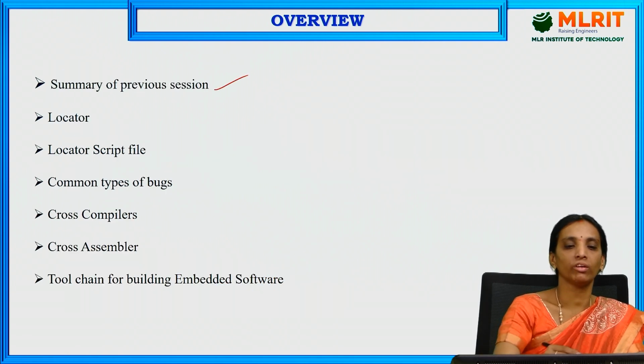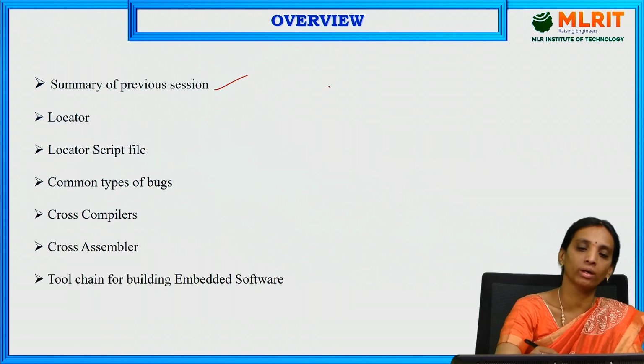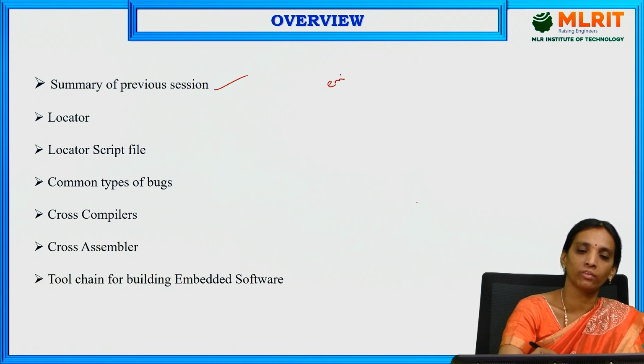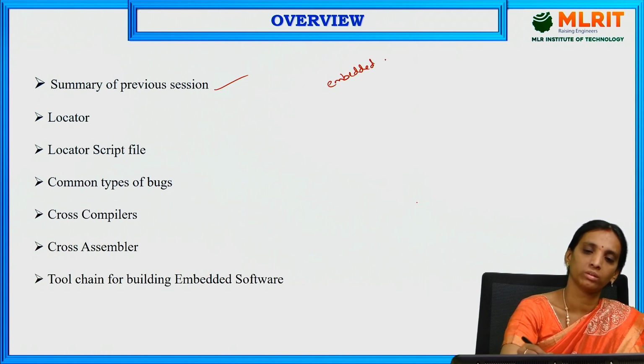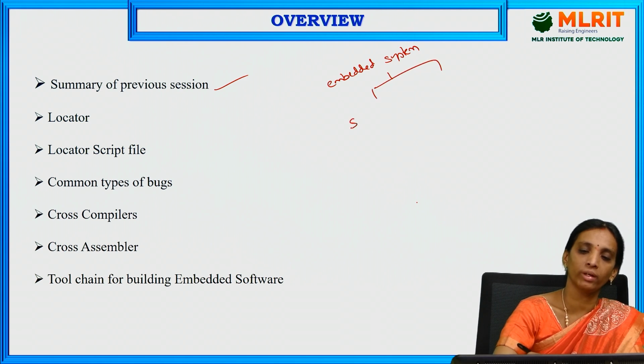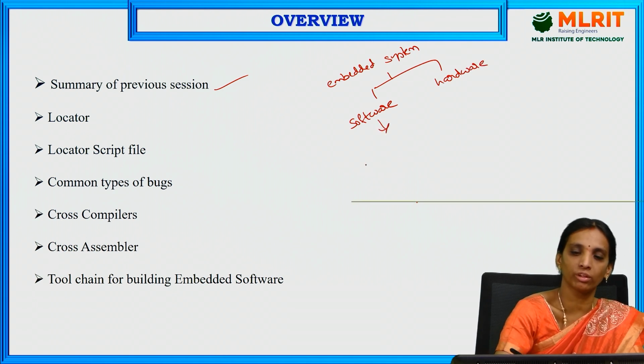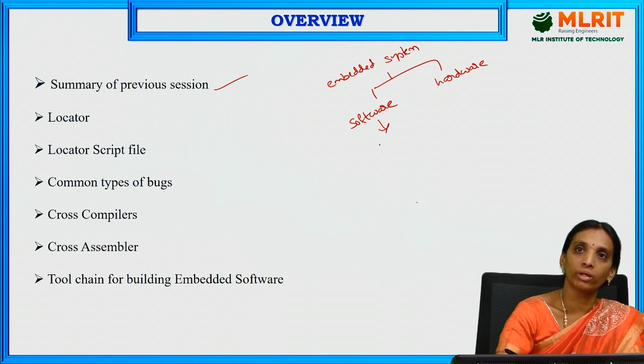In the previous session, we discussed what are the tools available for our embedded systems. That is, software tools and hardware tools. In the software tools, we discussed what are the software tools available for our embedded software.